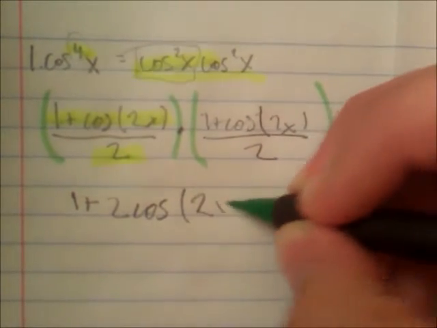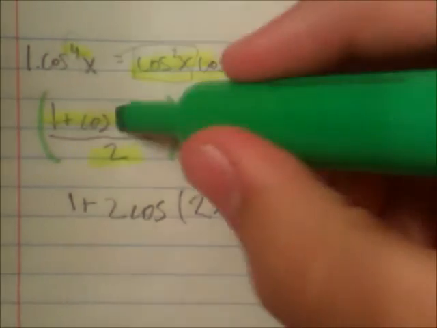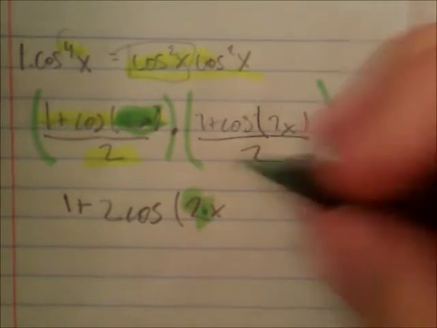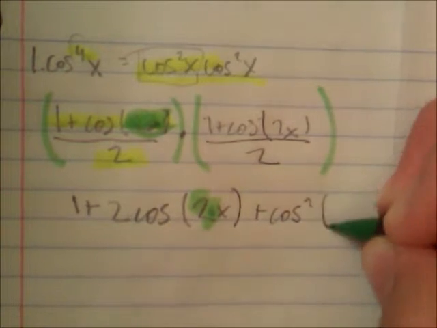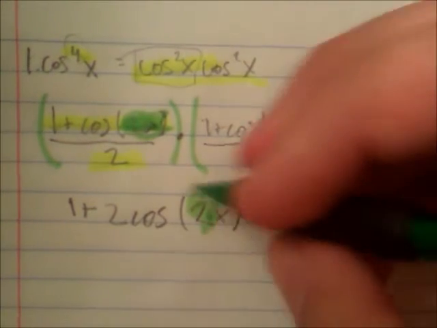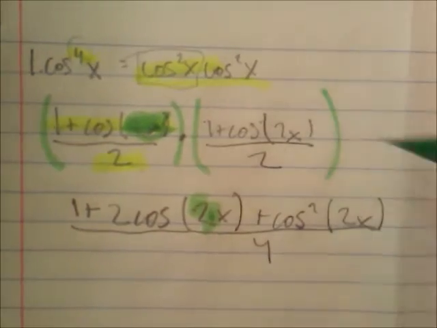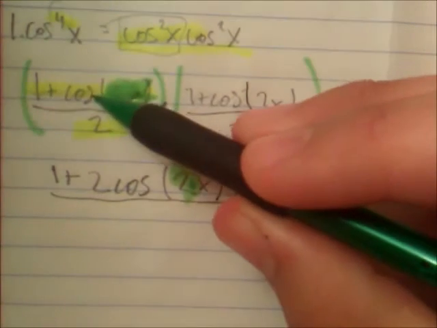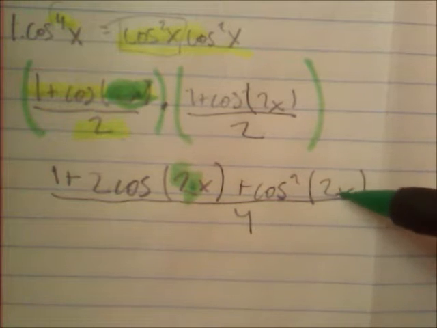Now keep in mind that we are not going to be touching the 2x when we FOIL. Plus cosine squared 2x. Don't touch the 2x. And then 4 over 4. The 4 came from the 2 times the 2. And then when you're multiplying the cosine to this cosine, just rewrite it as cosine squared and don't touch the 2.